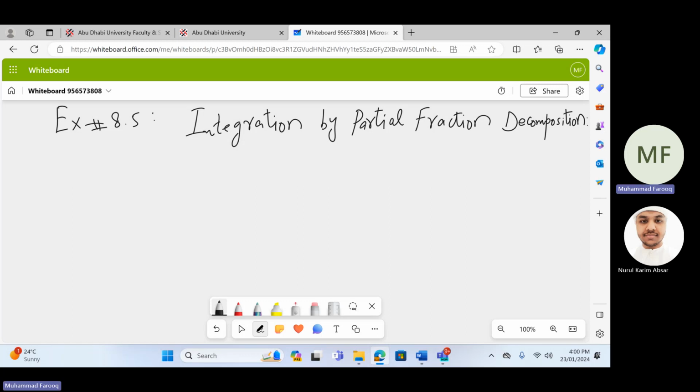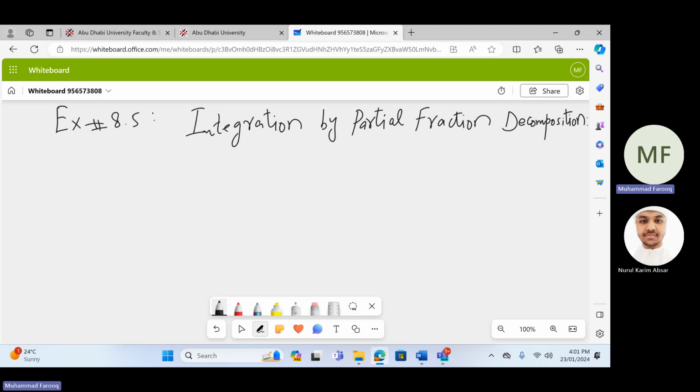What does it mean by proper form? Fraction means up and down, but we need proper form. Check the degree of the numerator. It should be less than the denominator. It means it is proper. If it is not like that, you have to use long division to make it proper.